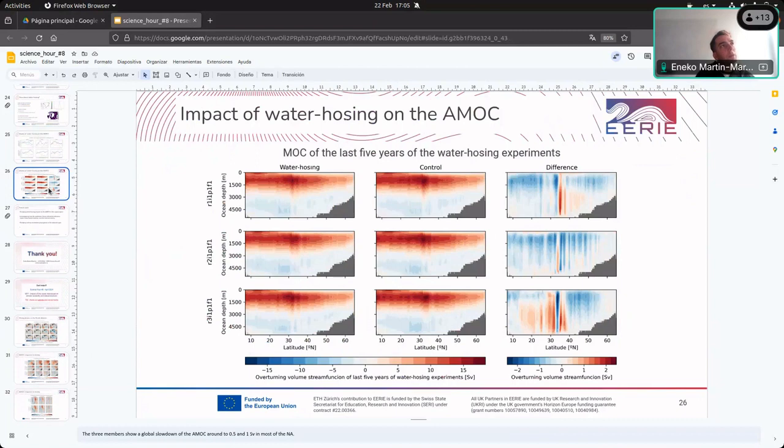Probably yes, because it's where the Ekman transport is maximum, between 30 and... It could also happen that you have 3 or 4 years in a row with strong winds in the water hosing but not in the control, or the opposite. It's interesting to check both, including the Mediterranean and also removing the Ekman transport, to see if the difference changes a lot or not.